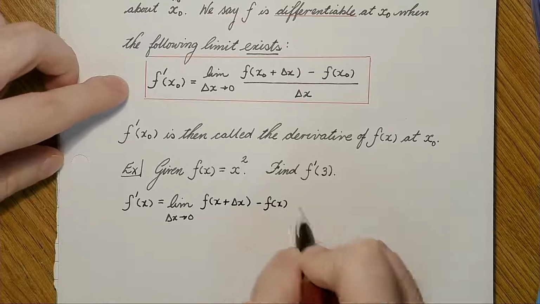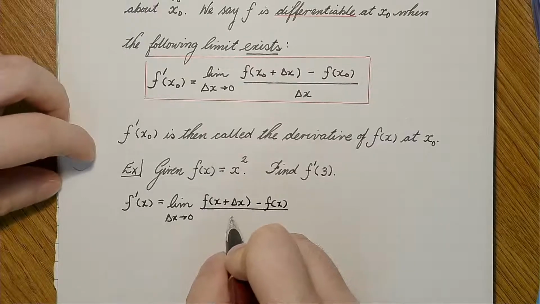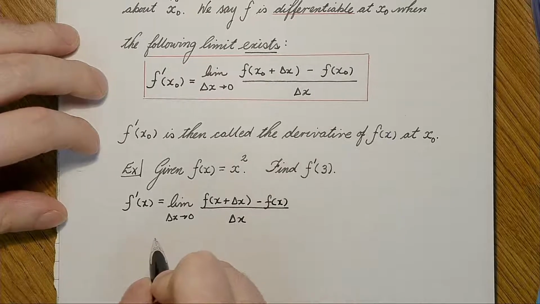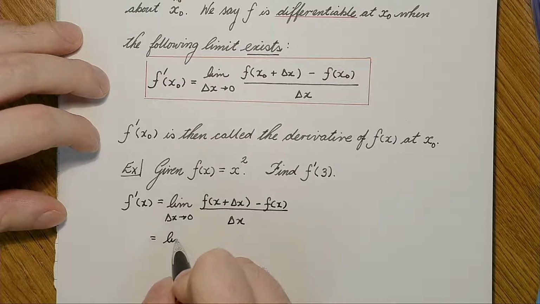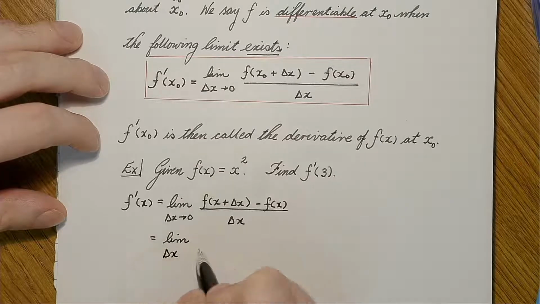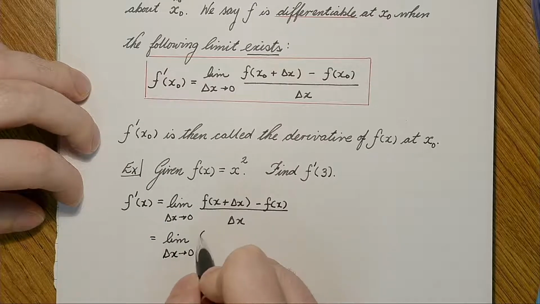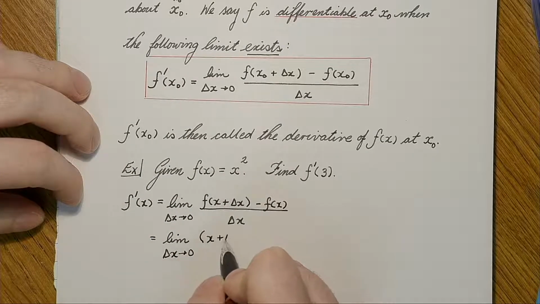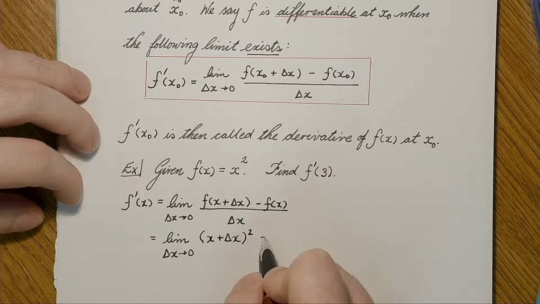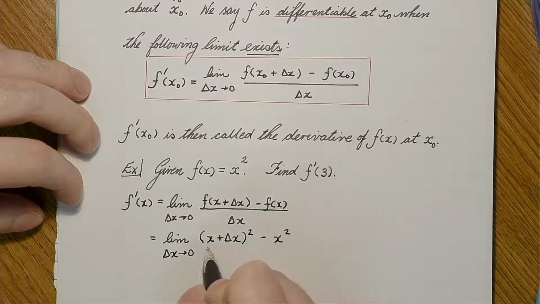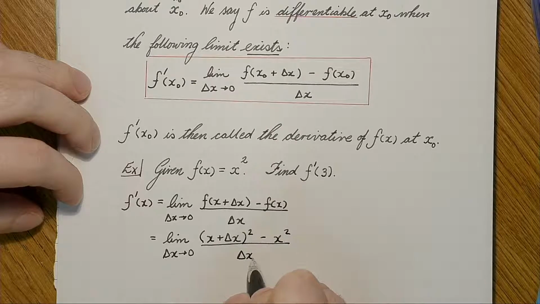So again, just copying down this definition, and then substituting in the values x plus delta x into the function. So it just becomes x plus delta x all squared minus x squared all over delta x.